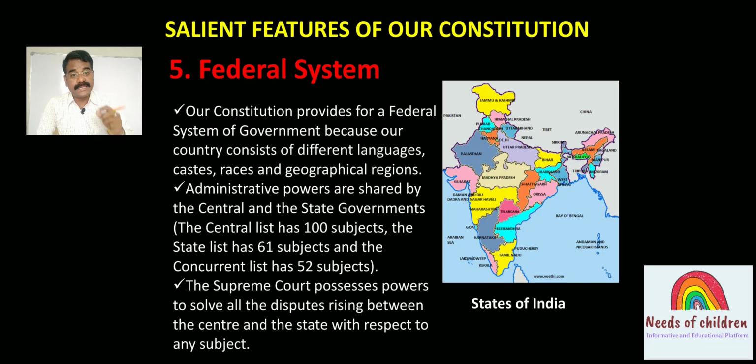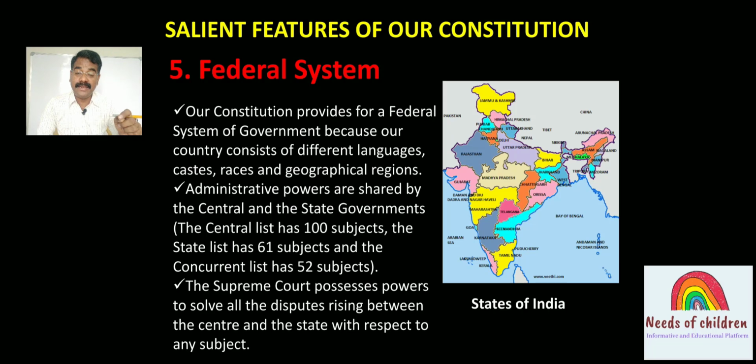That means these are the subjects which are the responsibility of the central government. For example, the Indian Post Office. Throughout the country, wherever a post office is established, it is under the control of the central government. And one more example, the railway department.